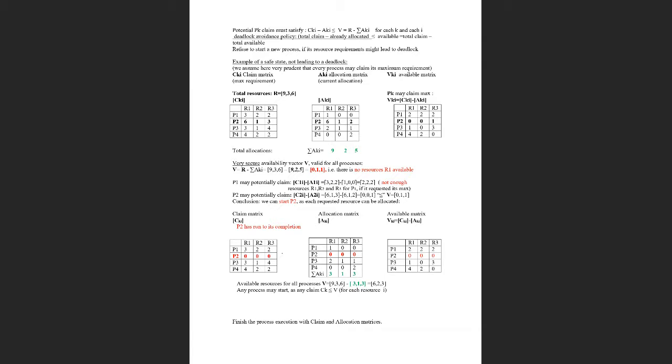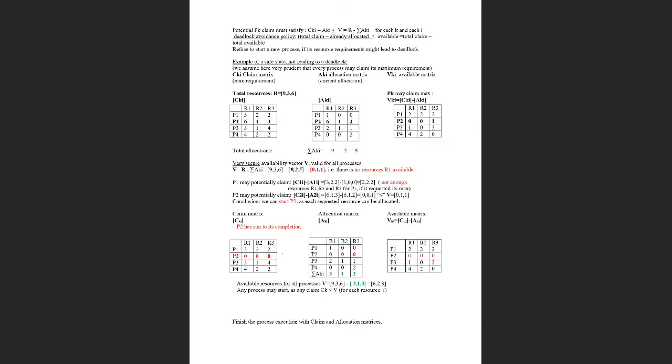So the total availability of resources is R minus A, therefore 0, 1, 1, which means there is no resource R1 available. So if a process is asking for resource 1, it cannot go ahead.